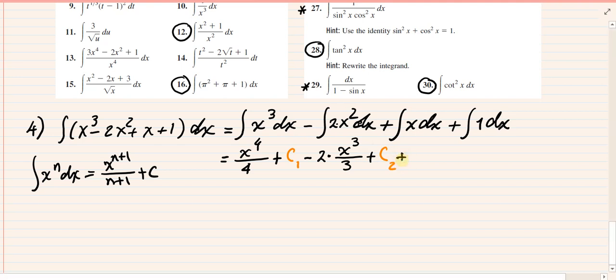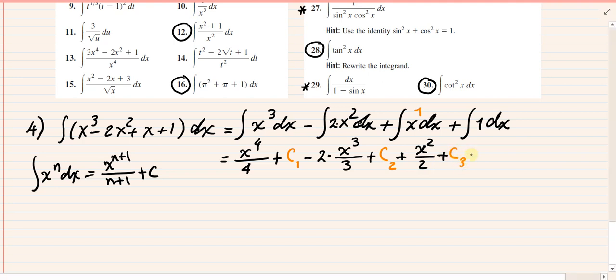Next, the integral of x, and x means x to the first power, right? So n is 1. Add 1, that's x squared divided by 2, plus, of course, the constant of integration here.